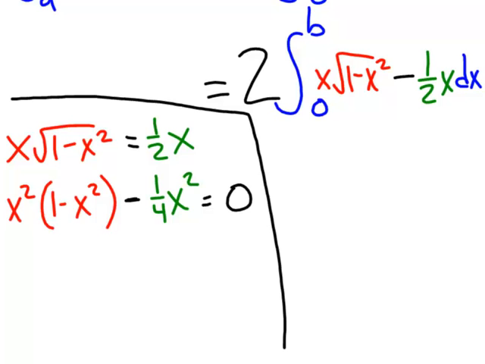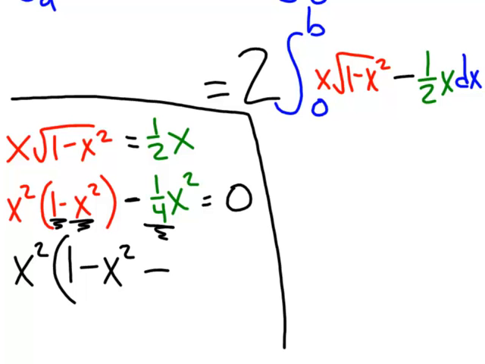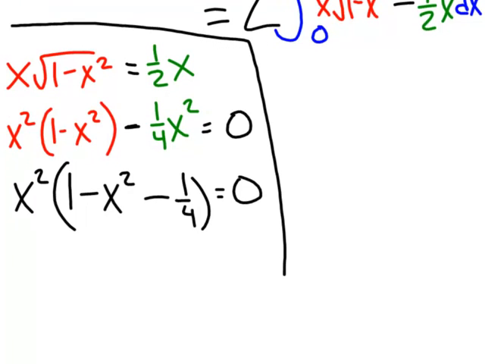And then from there, we can factor out the greatest common factor, x squared. And on the inside, we'll get 1 minus x squared, and then minus 1/4 equals 0. That will give me x squared times 3/4 minus x squared equals 0.